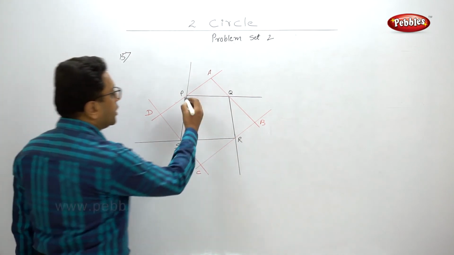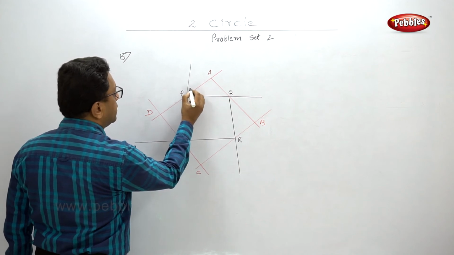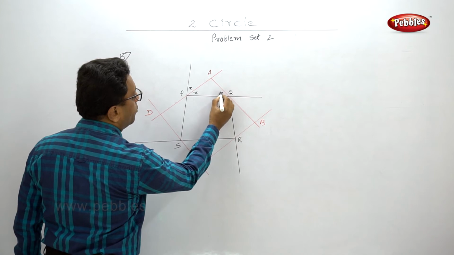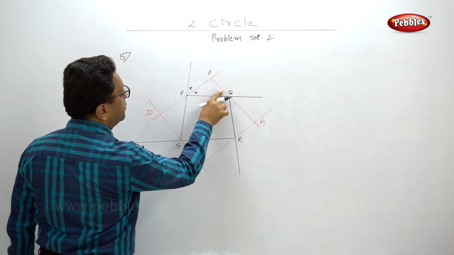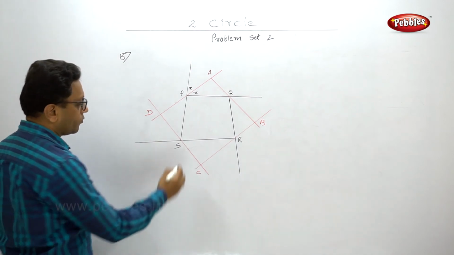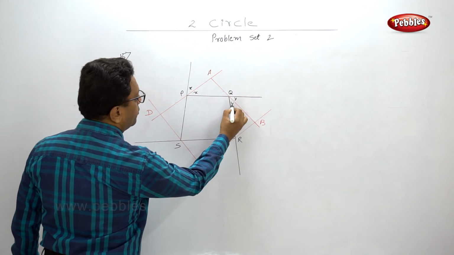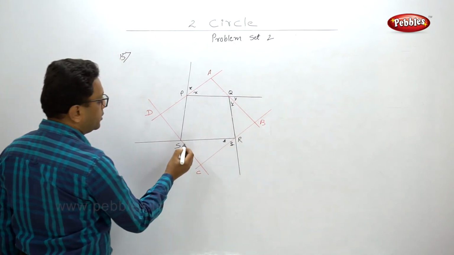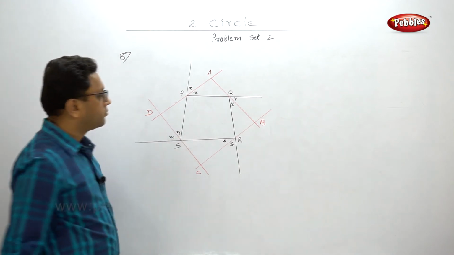Now, since these are the angle bisectors, I can say x, x, y, y, z, z, m, m.